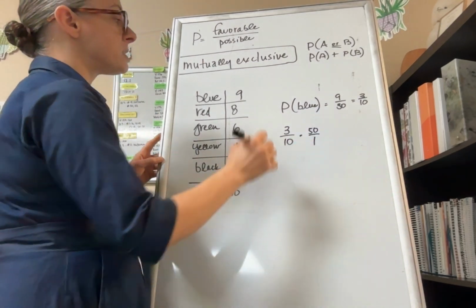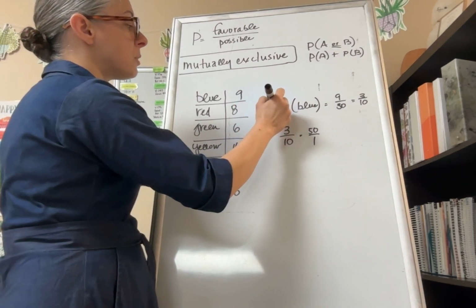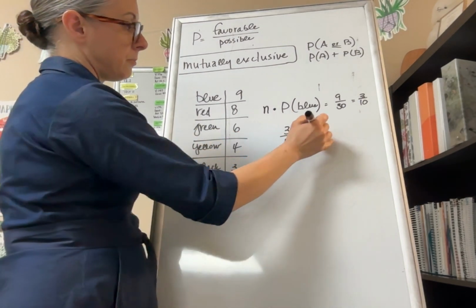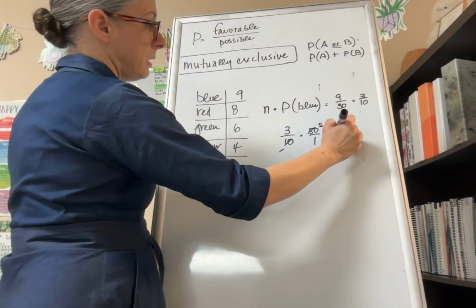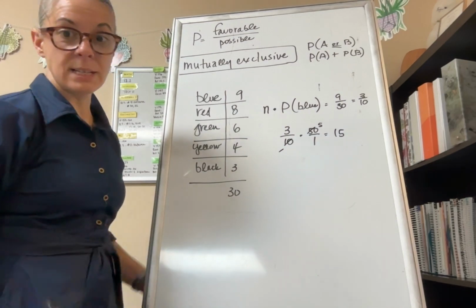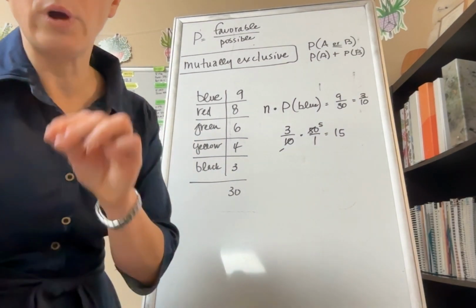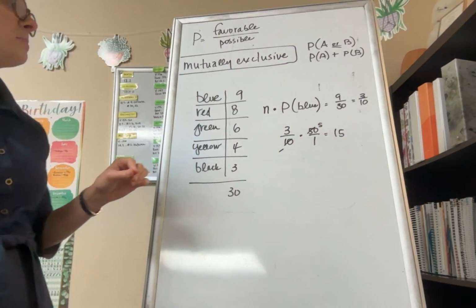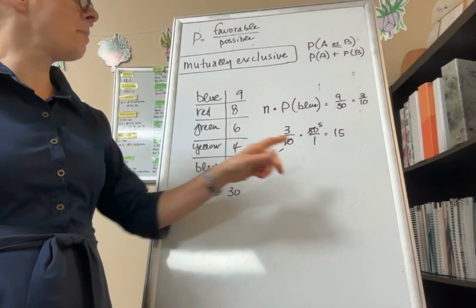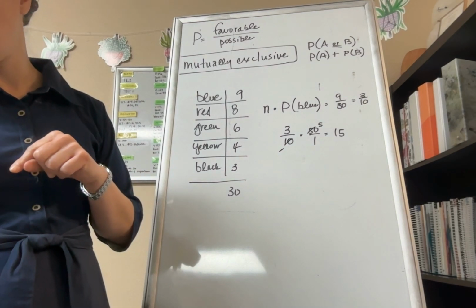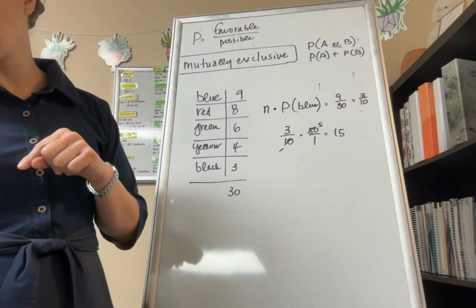So we want to multiply the number of times that we're going to draw times the probability. And we get an answer of 15. So if we drew 50 times, we would expect to draw blue 15 out of the 50 times. Okay, does that make sense?